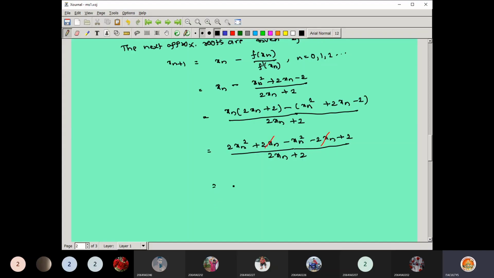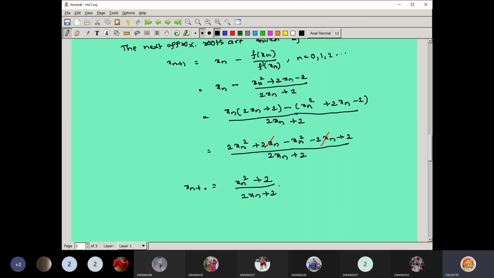So finally you are getting, not 2xn square, because 2xn square minus xn square is there, so only we are having xn square plus 2 divided by 2xn plus 2. So this is the final simplification of your Newton-Raphson method formula.